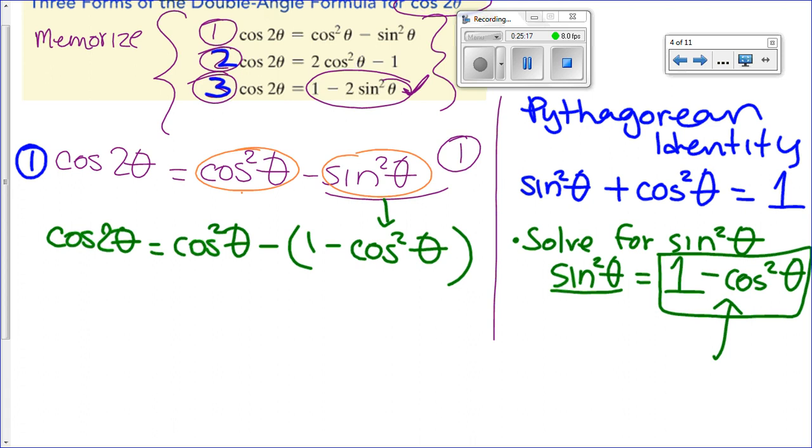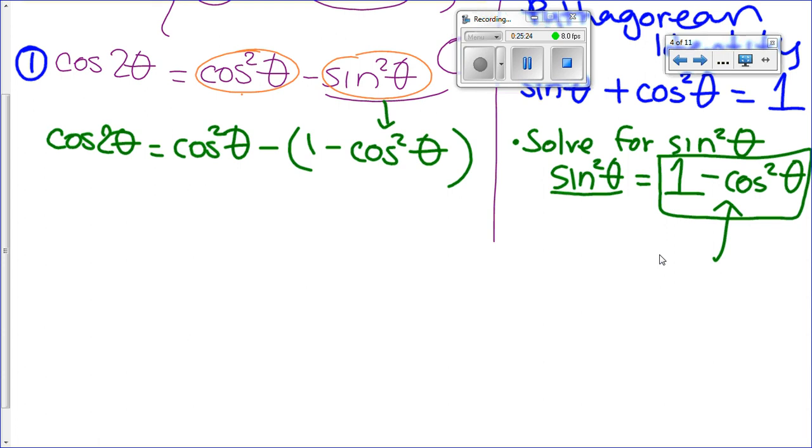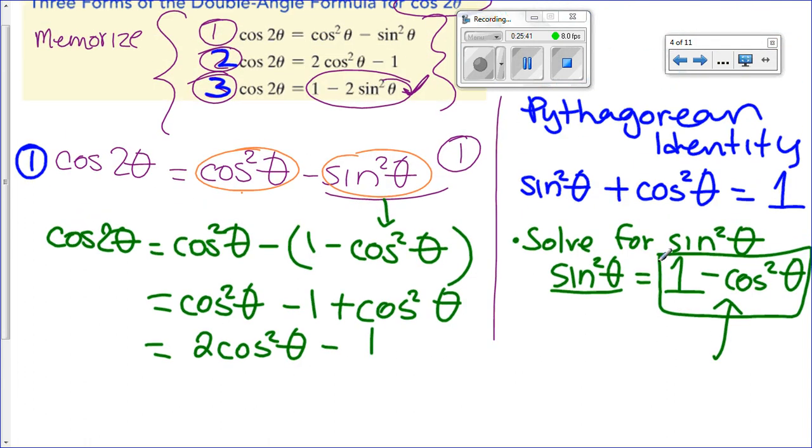Okay, now I'm going to simplify it a little bit, so then it's going to be cosine squared theta minus 1 plus cosine squared theta. So how many cosine squared thetas do we have? 2. So 2 cosine squared theta minus 1. So which formula is that? The second one. Okay, so I did them in order this time. Good.